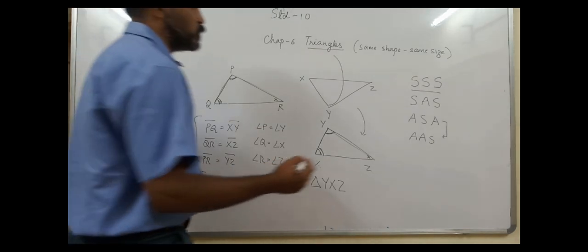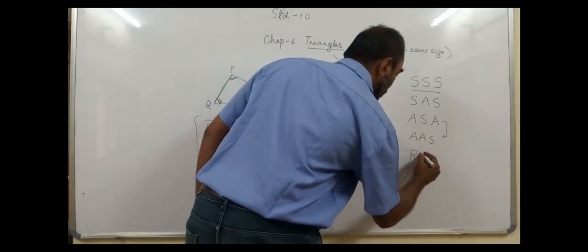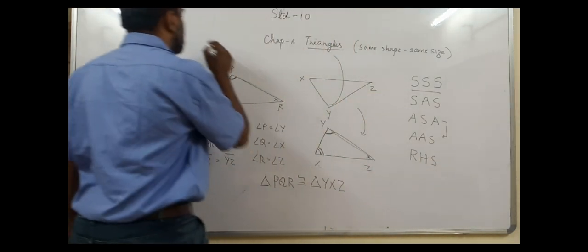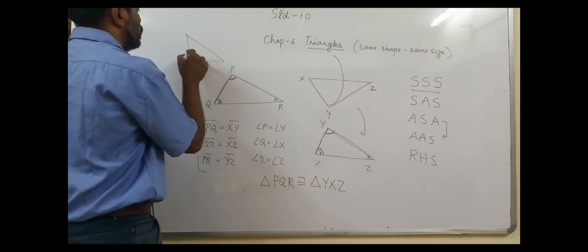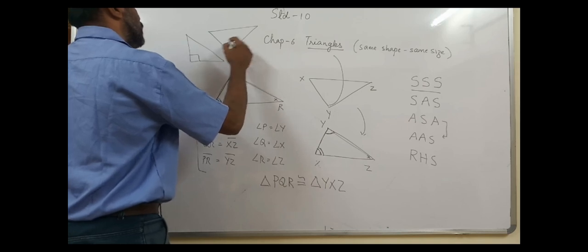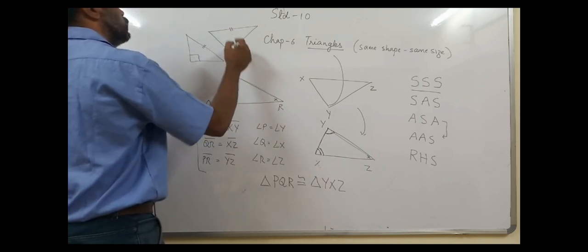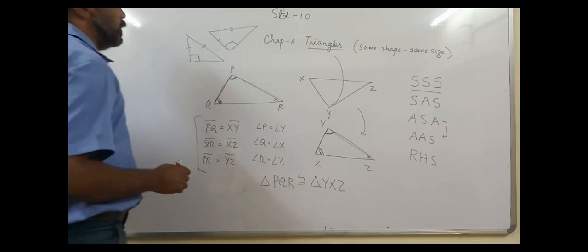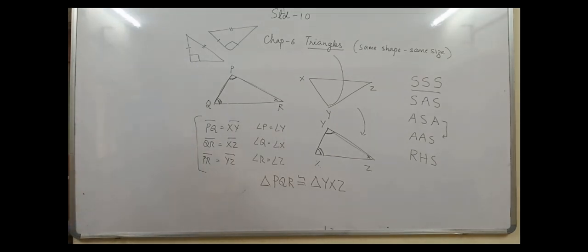And the last one was specially for right angle triangles, RHS. If there are two right angle triangles, the right angles, the hypotenuse and any one side are congruent, then the two triangles are congruent. So you have got 5 conditions.